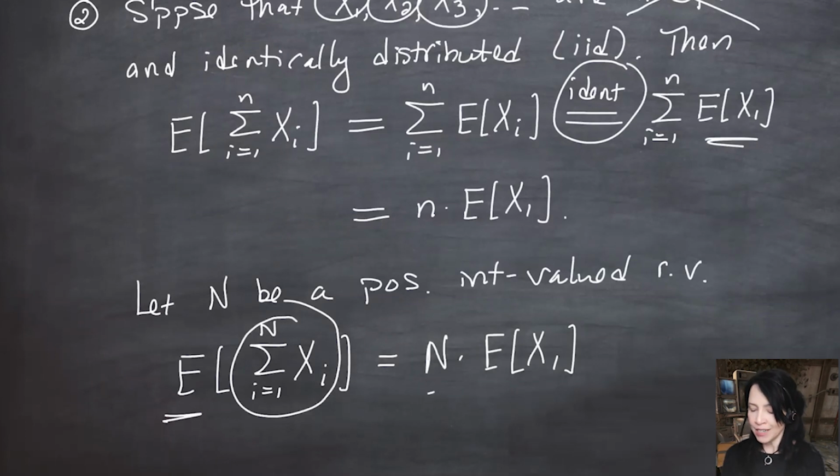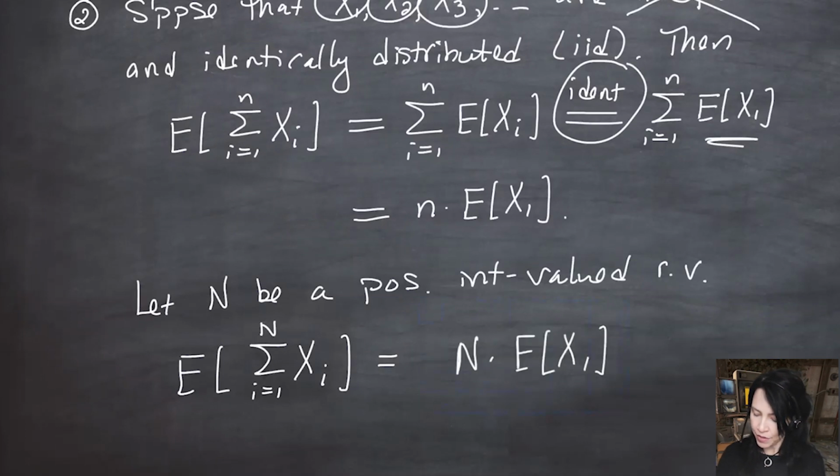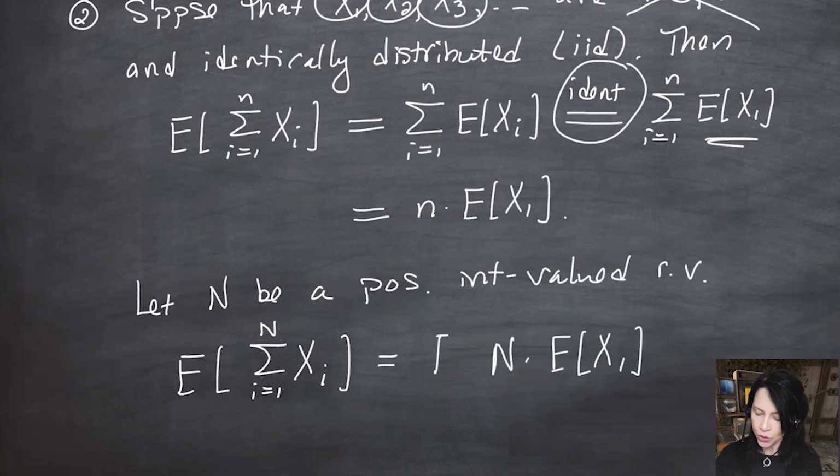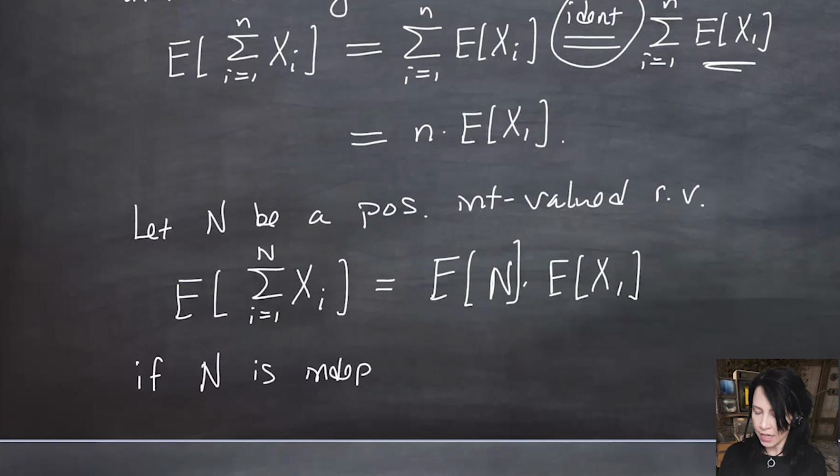And yet what I've written has a random variable on the right-hand side. So that's not exactly right. But what would be right is, let me move this over a little bit. We're going to see that this is equal to the expected value of n times the expected value of x1 if, and this is only a sufficient condition, not a necessary condition, n is independent of the x's.